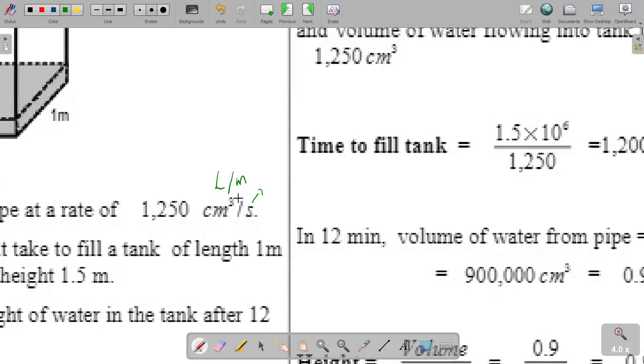Now, what are they giving us? They're giving us now centimeters cubed per second. So somebody tell me what's the formula for rate here again. What does centimeters cubed represent? Volume. Divided by what? What does second represent?